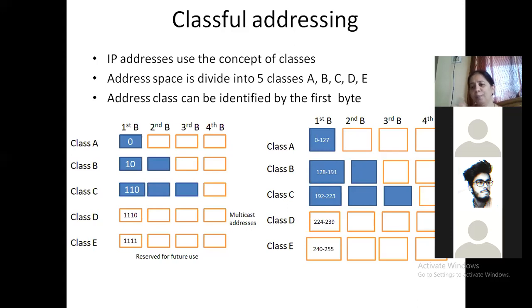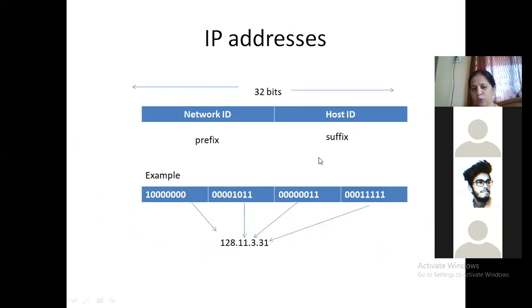In our college, we make use of class C addresses, where 3 bytes are used for network ID and only 1 byte is used for host ID. Okay. Similarly, class D and class E. Now, if I take you back to this, you can see the IP address 128.11.3.31.